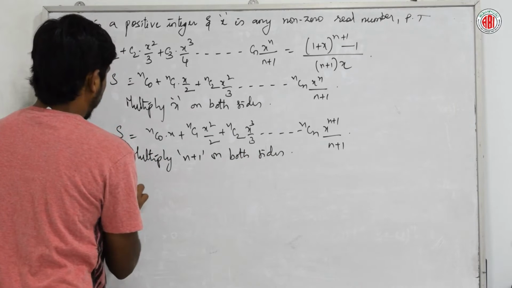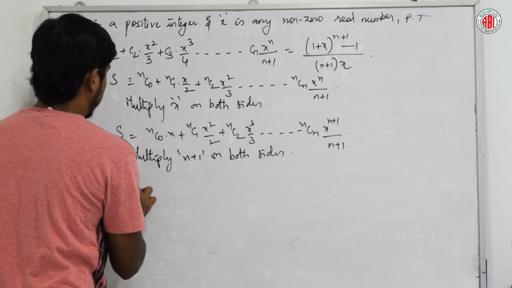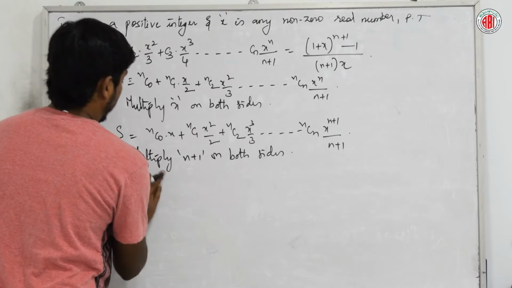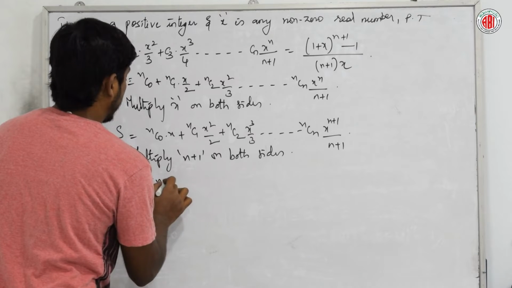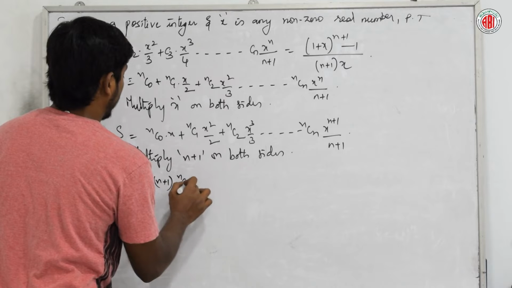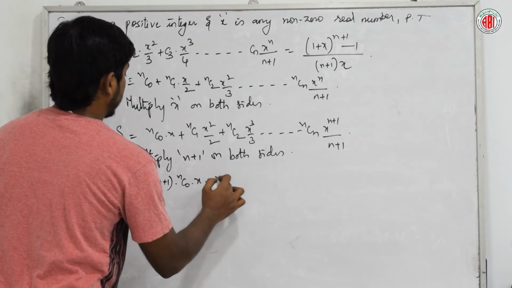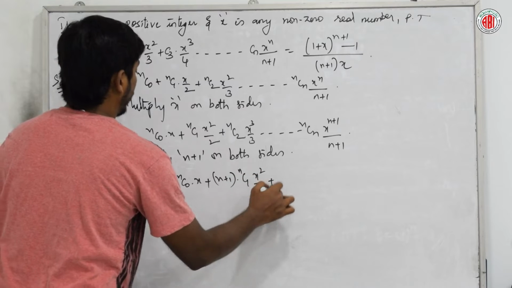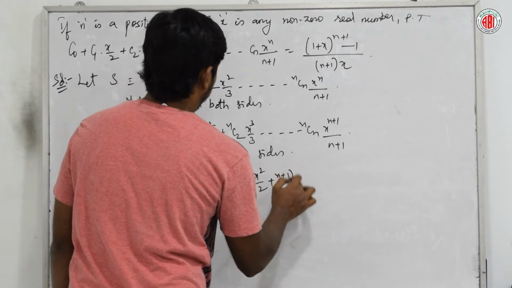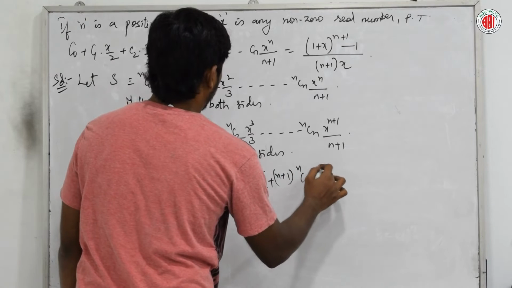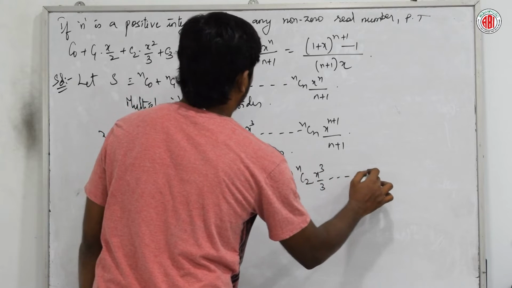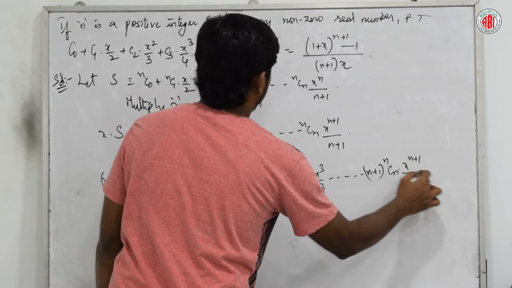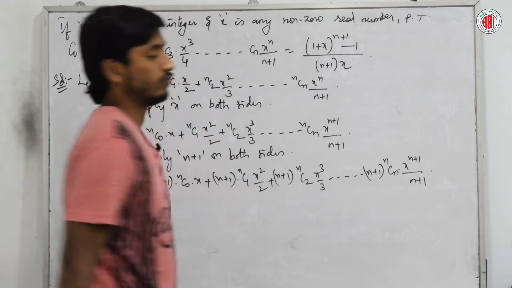This will be n plus 1 into x into S is equal to n plus 1 into nC0 into x plus n plus 1 into nC1 x square by 2 and n plus 1 nC2 x cube by 3 and so on up to n plus 1 nCn x power n plus 1 by n plus 1.